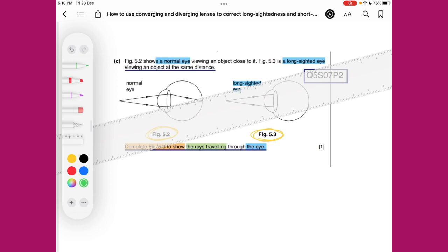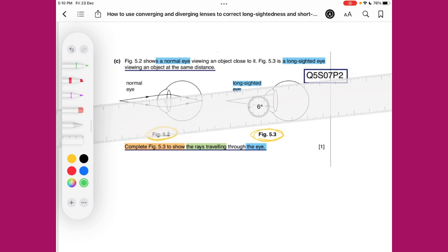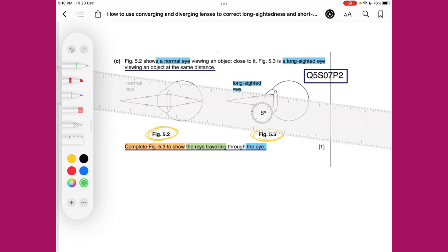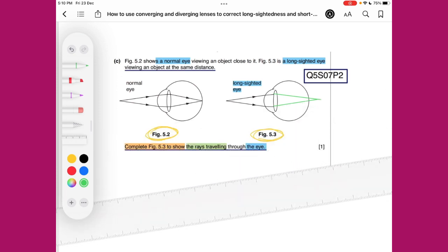In long-sighted, you know that the image will be formed behind the retina. So you have to complete the light rays to meet behind the retina. So this is how you can show a long-sighted eye.